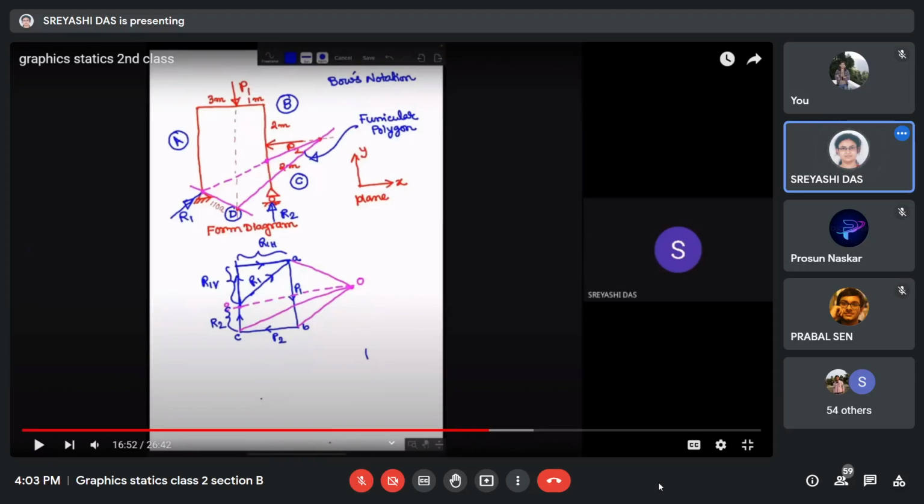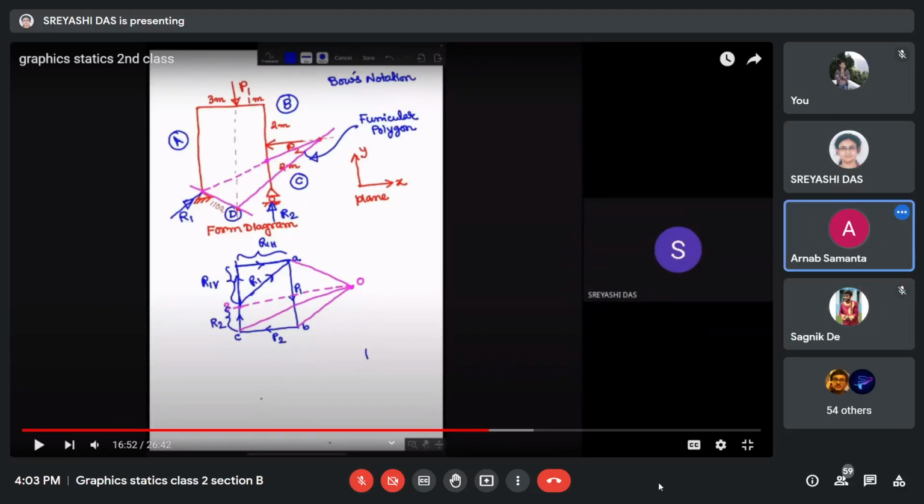Okay. Anyone from B section, what do R1, R1V and R1H denote here? Sir, ma'am, R1H is the horizontal force and R1V is the vertical force of R1. Horizontal and vertical component of R1. Okay.